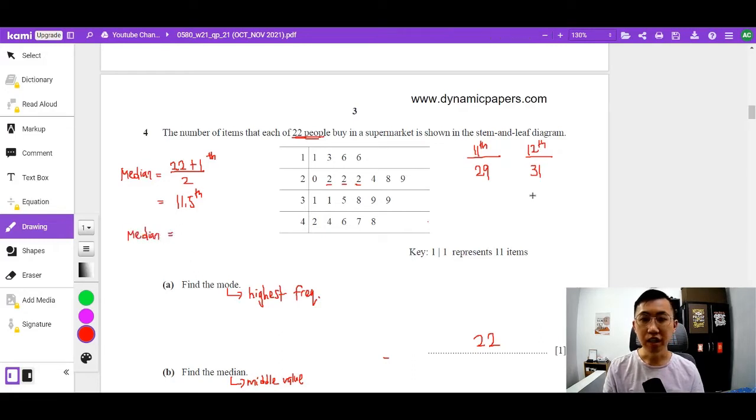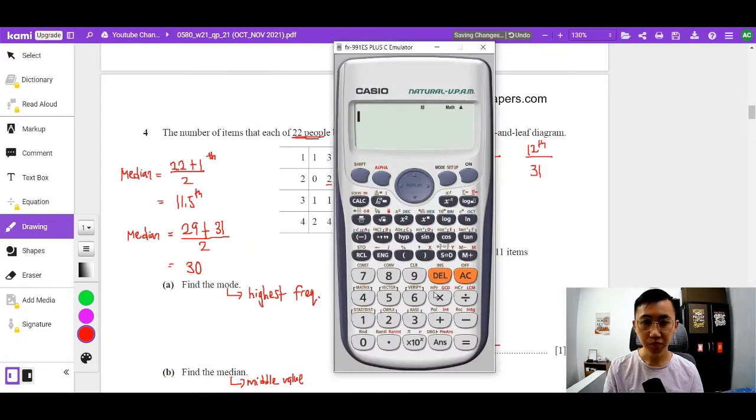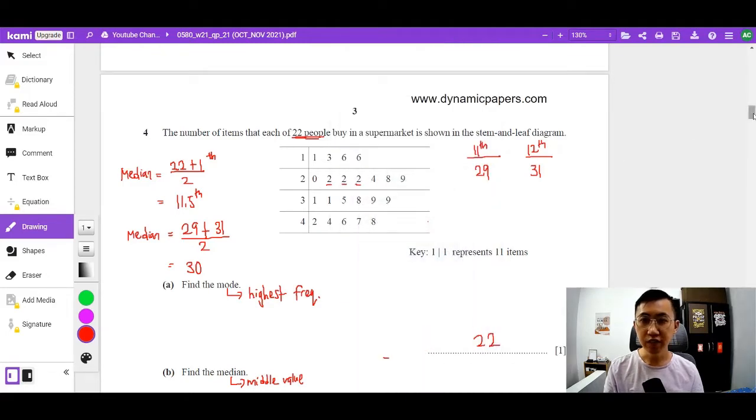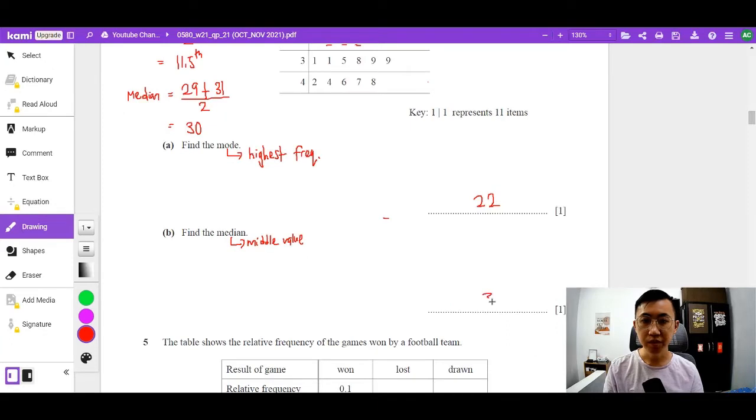Never mind. I will add these two numbers. So 29 plus 31. Then you divide by 2. So I am looking at 30, I think. Okay, just use your calculator. 29 plus 31, and then you divide it by 2. Okay, so 30 indeed. So log in the final answer, 30. So that is how you do median.